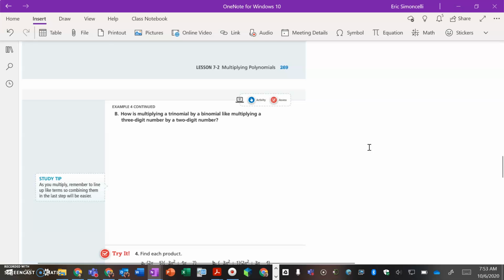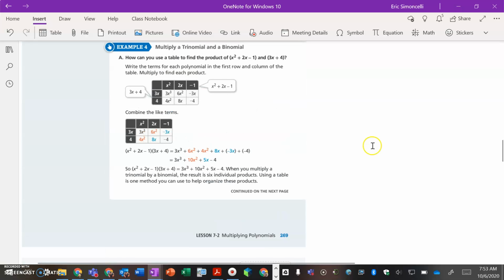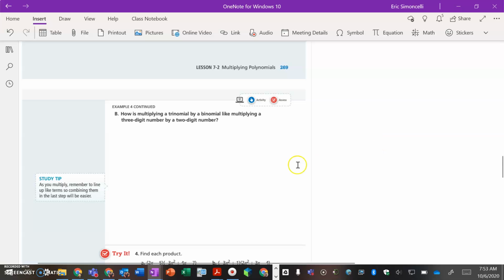Example 5. Example B of part 4. Okay, example B. So how is multiplying a trinomial by a binomial like multiplying a 3-digit number by a 2-digit number? Let's consider the products 312 times 24 and 3x squared plus x plus 2 times 2x plus 4.